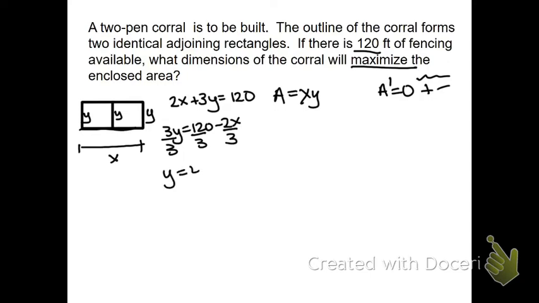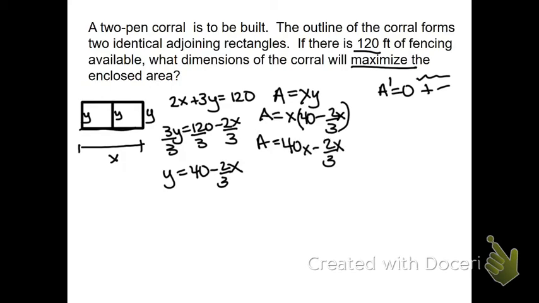And we get 40 minus 2/3 x. Replace that in the area equation. x times 40 minus 2/3 x. Distribute. And there you go. Now minimize or maximize.